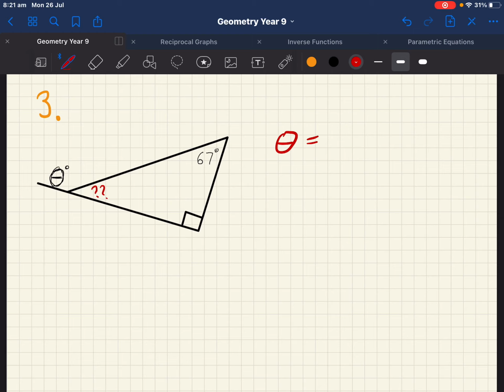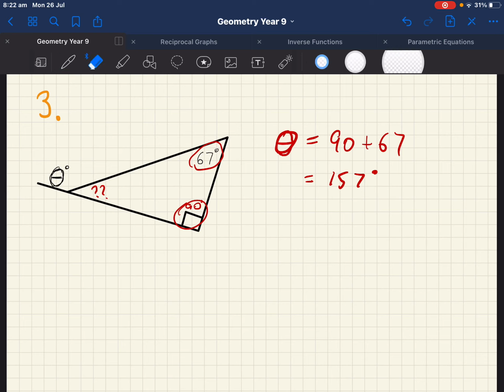So all we need to do is add up the two opposite internal angles. 90 plus 67, add them together, and straight away, without a whole lot of effort at all, you've managed to find the size of the exterior angle. It's 157 degrees. That's the extent, really, of all you need to do with these questions.